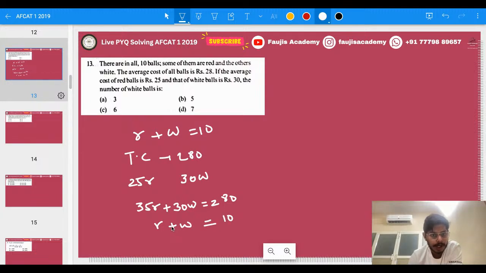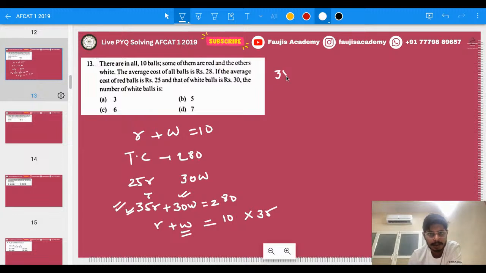What do you want to find? We want to find white ball. So we will have to eliminate R and keep W. So multiply by 35, only this one, because this particular variable we want to be the same.